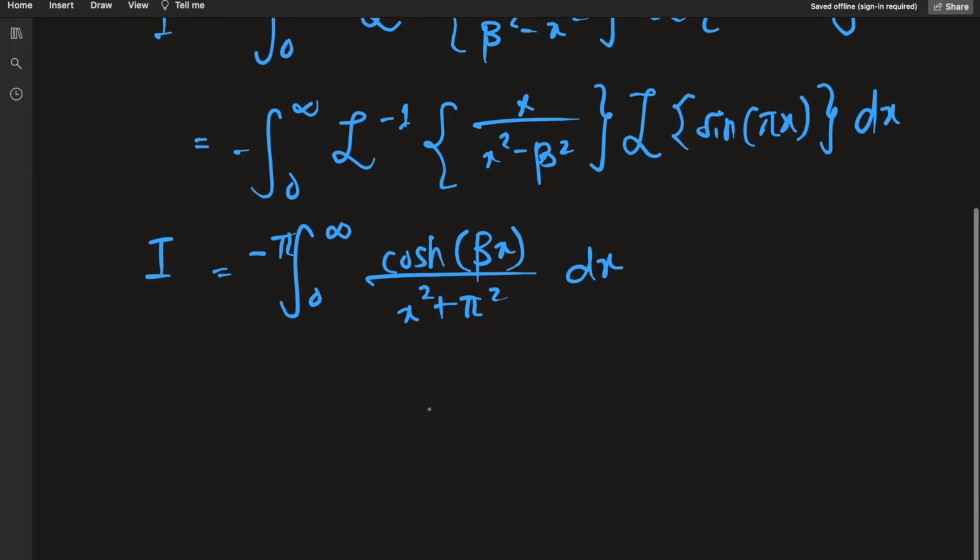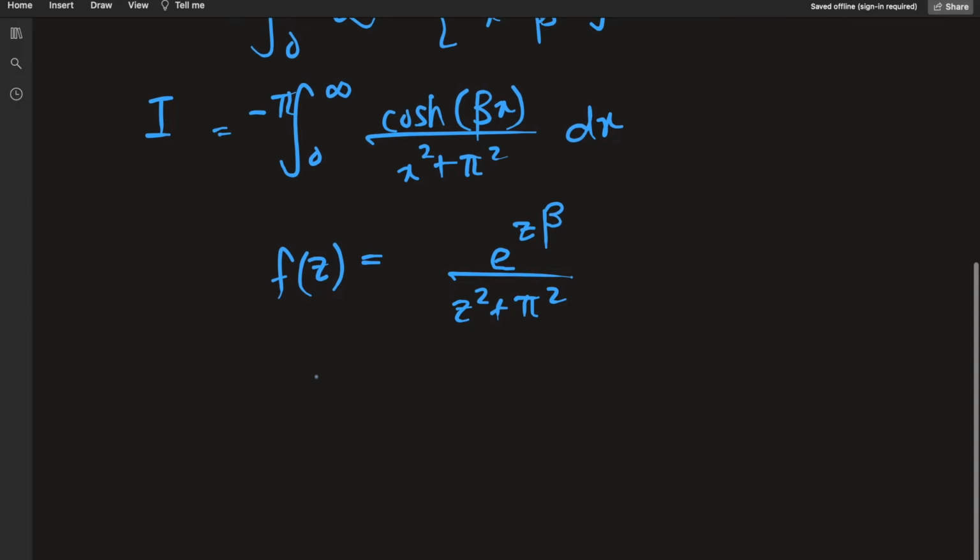So now when we want to generalize this for complex analysis, we can generalize in this way: e raised to z beta divided by z squared plus pi squared, and this is what we'll have to perform a contour integration on.